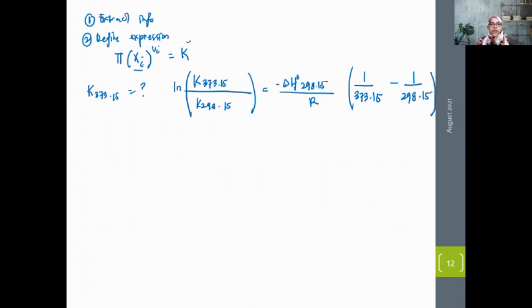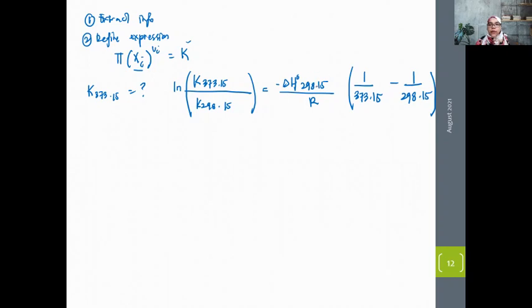So we can use this expression to determine the equilibrium constant at 373.15 Kelvin. This equation can be used at lower temperature. The first step is to identify which value should be obtained.